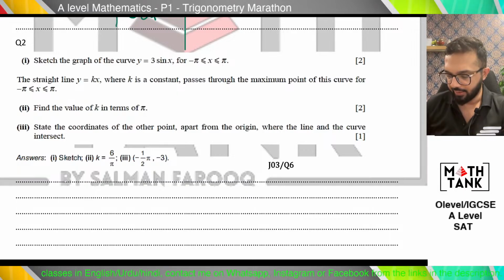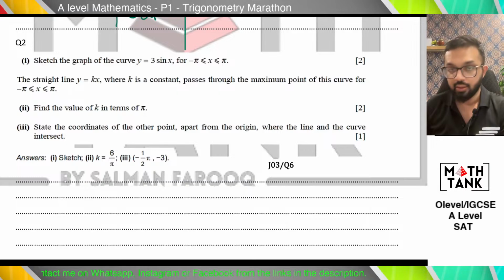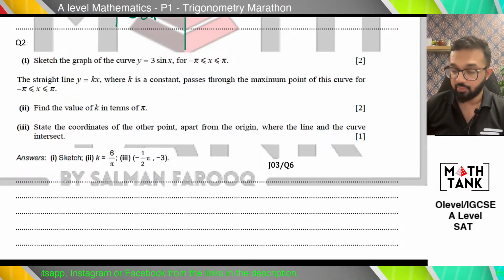I want to keep my calculator in radians because I find it difficult to deal with decimals when I'm going to keep my calculator in degrees because I find it difficult to figure out the ranges with radians. So I'm going to go from minus 180 to 180, and I'm going to keep a step of 90.